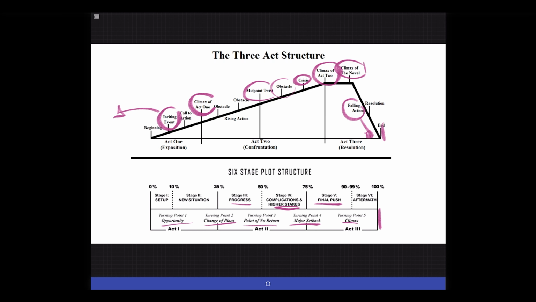And it works nicely. Most scenarios will fall into this quite nicely. And I would say fairly typically when you're working professionally, a lot of the content that you're going to be working on will fall into these categories. So when you get scripts, you can now use this to help you break down those professional scripts as well. And I would also suggest further reading into story theory if you're really interested in that.